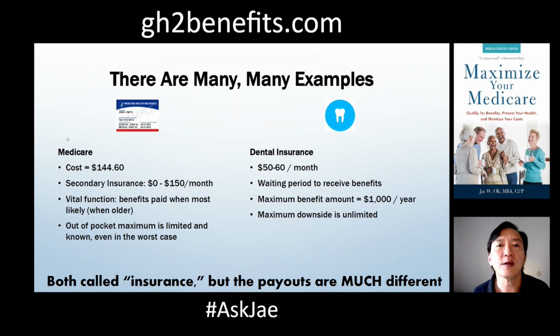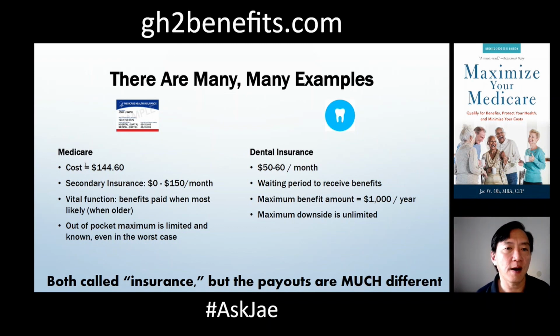Now, this is important, right? The benefits are paid in an unlimited amount when it is most likely to benefit you. In other words, you're getting older. I have an inkling, more than the probabilities may say, that I'm going to get paid.